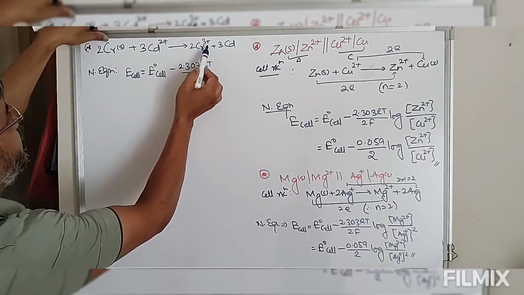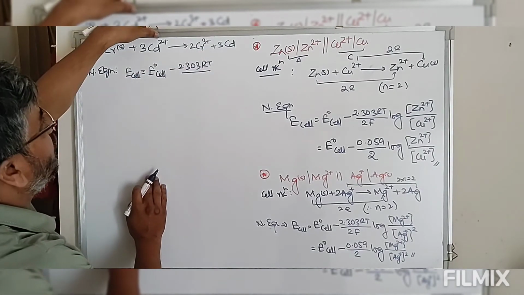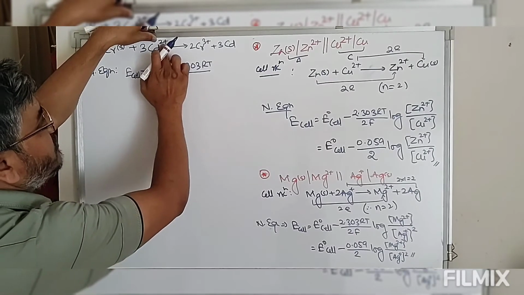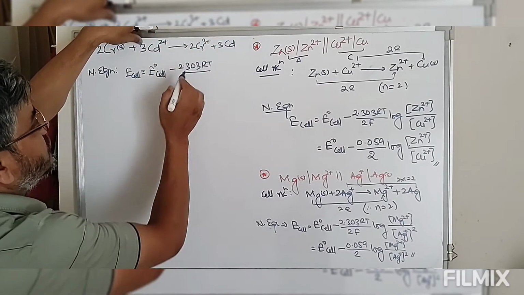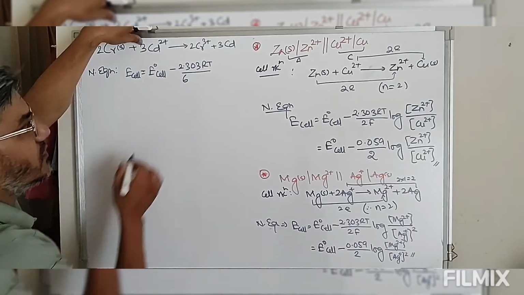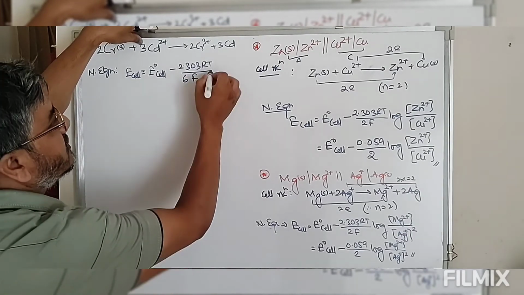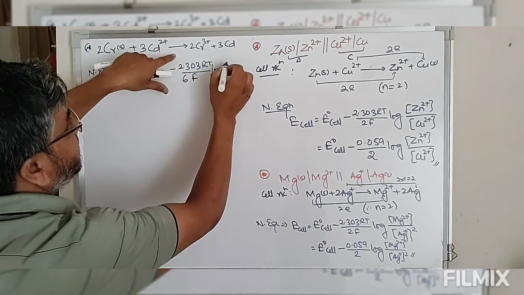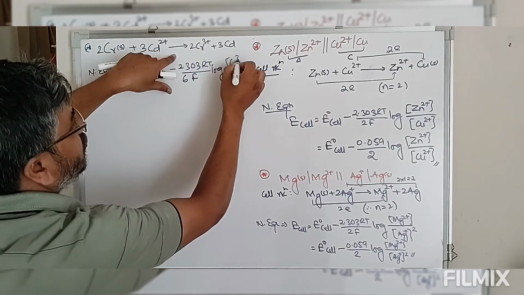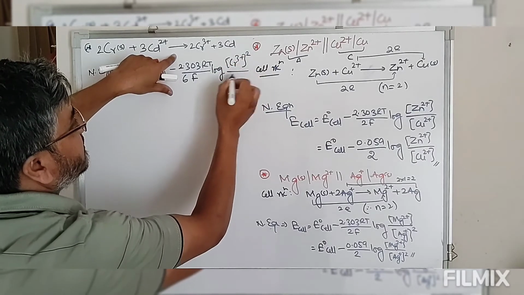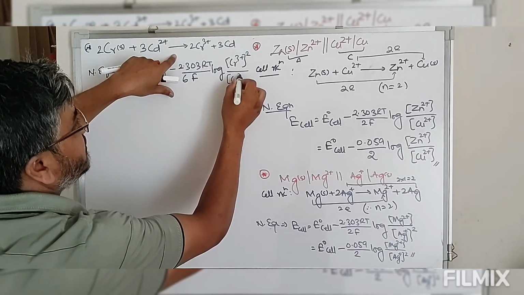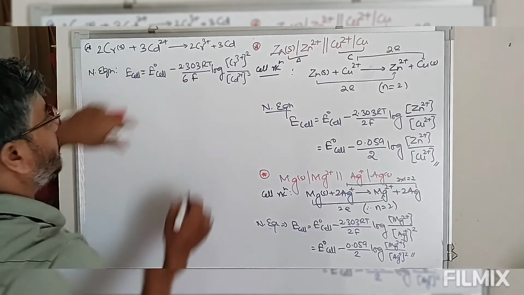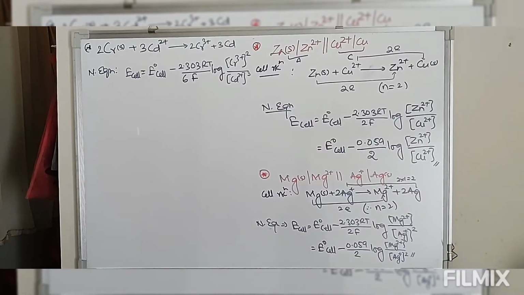There are 2 moles, so 3 into 2, 6. On the other side, look at this, cadmium is changing from plus 2 to 0, 2, so 2 into 3, 6. So 6 moles of electrons are involved, into Faraday constant, log. This is solid, this is solid. So we are left with concentration of chromium plus 3 square divided by concentration of cadmium plus 2 cube. This is the Nernst equation.